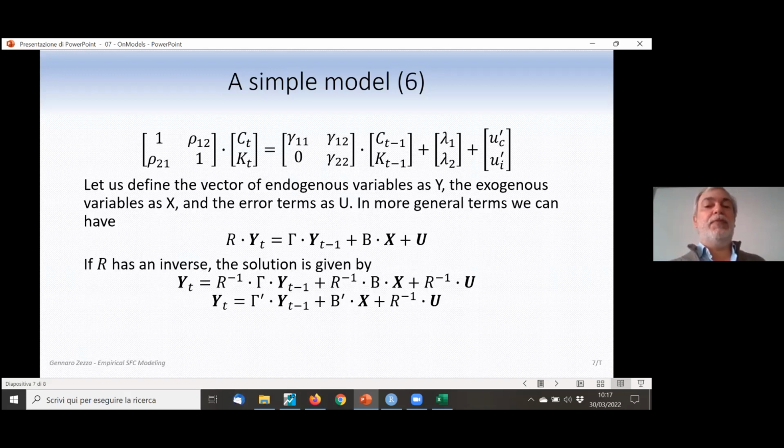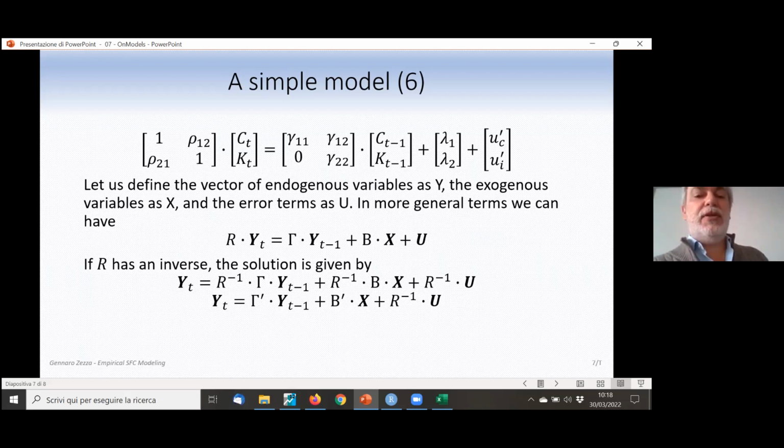And this system can be generalized, saying that any system of equations can be written with a square matrix R, which contains the coefficients which link the endogenous variables in the same period, matrix gamma, which links them to the previous value of the endogenous variable, and the B matrix, which links them to the exogenous variable, plus a vector of the random terms, so that in matrix algebra, the system has a solution if you can find the inverse of R, and it will imply the last line where the gamma prime is a new matrix with the same size of gamma.